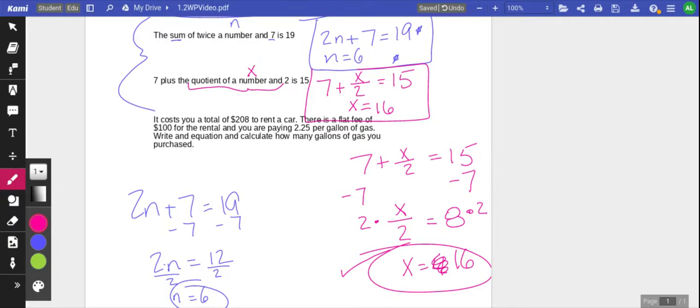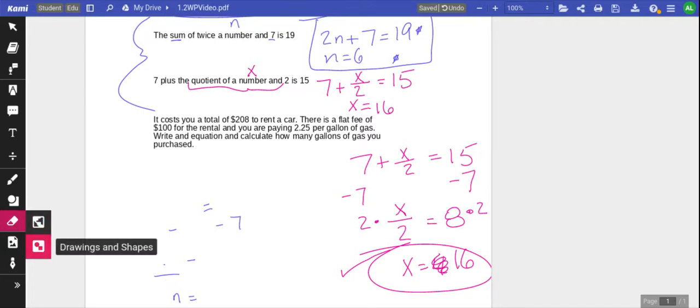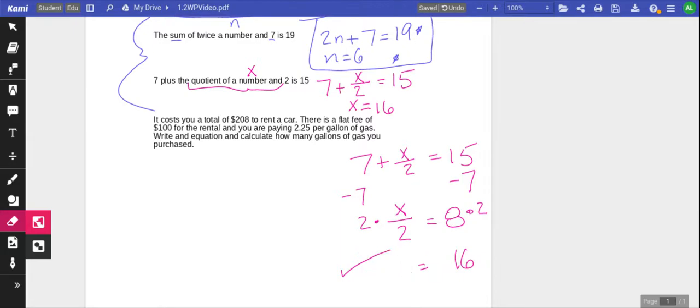So then we've got our very last problem right here. Okay, so I'm going to go ahead and get rid of all this. Probably is a more efficient way to do this, but I don't know what it is. All right, so it's saying it cost me a total of $208 to rent a car.